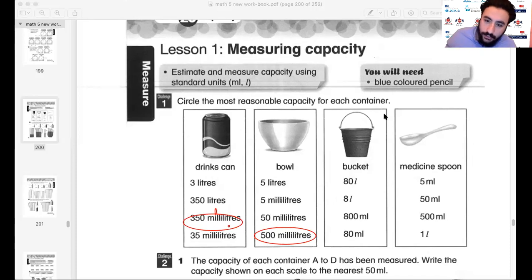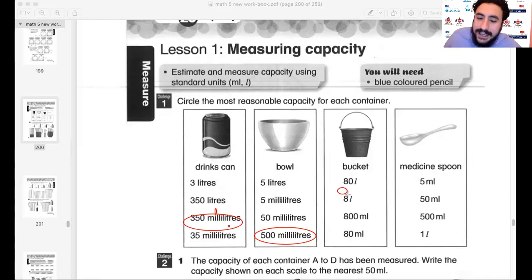Do you think that all of these things, all of that one, is less than 1 liter? No. So we're going to say what? 80 milliliter is just a very small one.